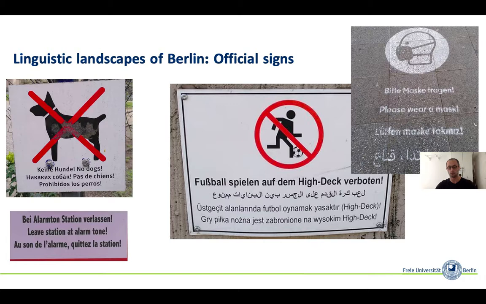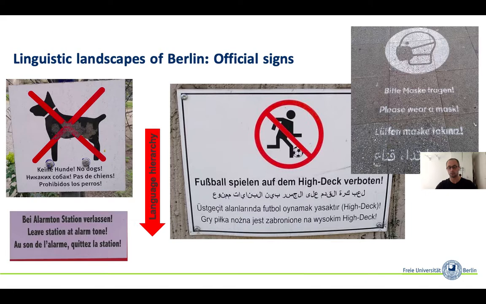And here the basic things that we can see are, on the one hand, the language hierarchy, right? So how prominent are certain languages, how salient they are. And here in all cases, you see German is number one. And then it depends on in what context that sign is used.